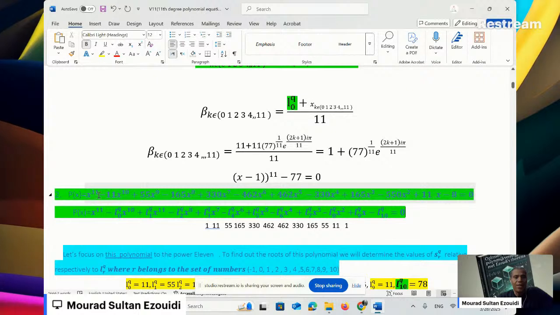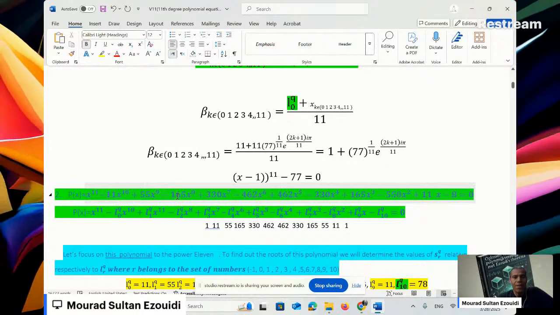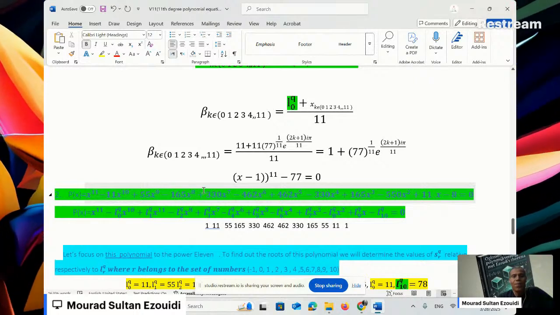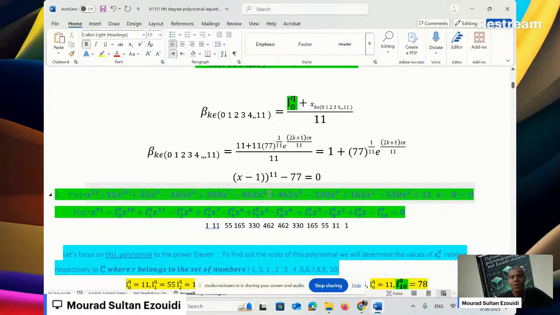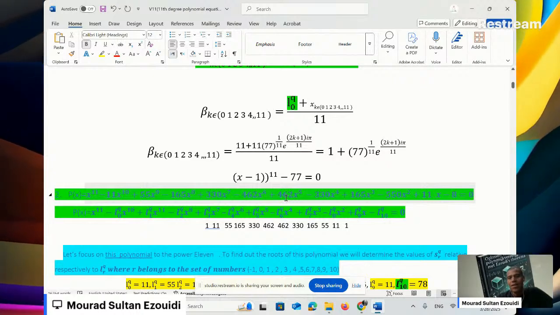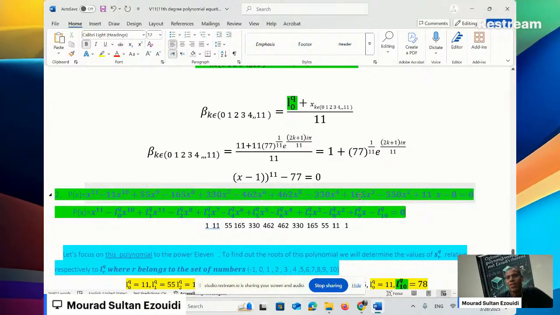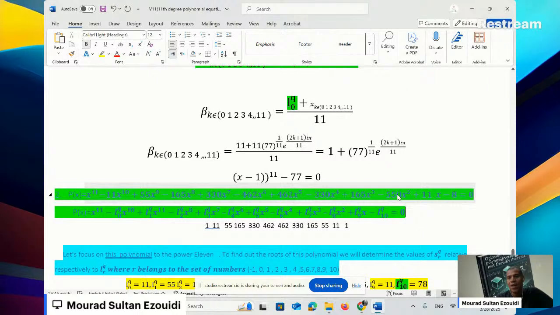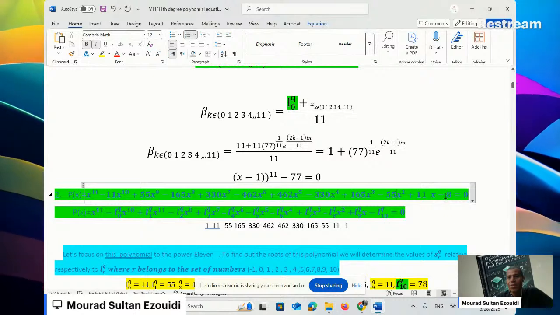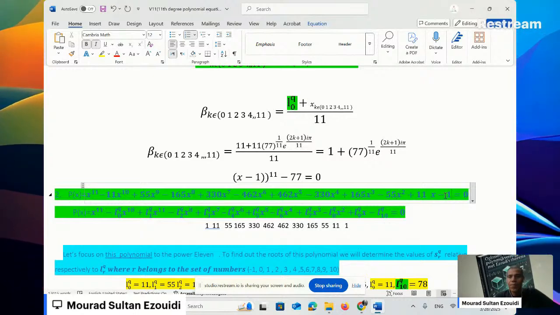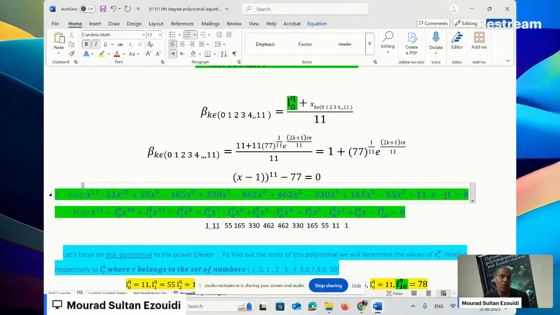P of x equals x raised to the power 11 minus 11x raised to the power 10 plus 55x raised to the power 9 minus 165x raised to the power 8 plus 330x raised to the power 7 minus 462x raised to the power 6 plus 462x raised to the power 5 minus 330x raised to the power 4 plus 165x cubed minus 55x squared plus 11x minus 1.